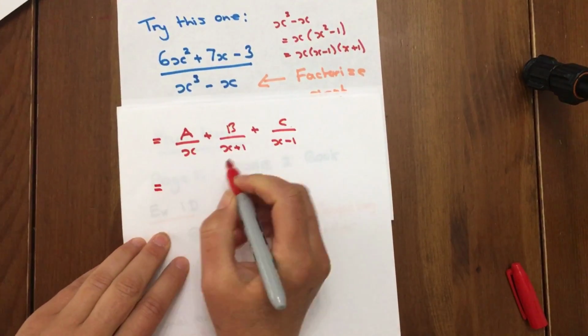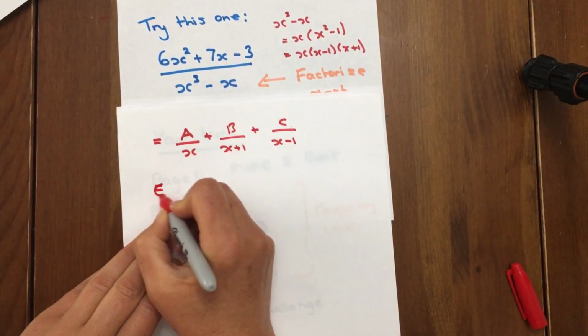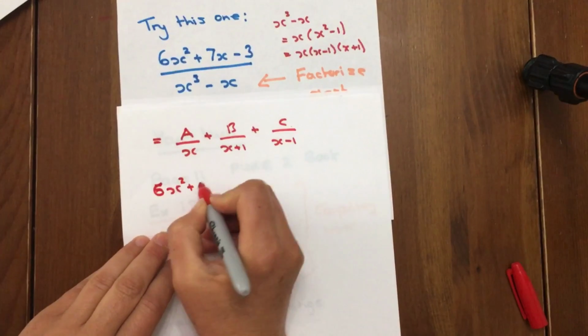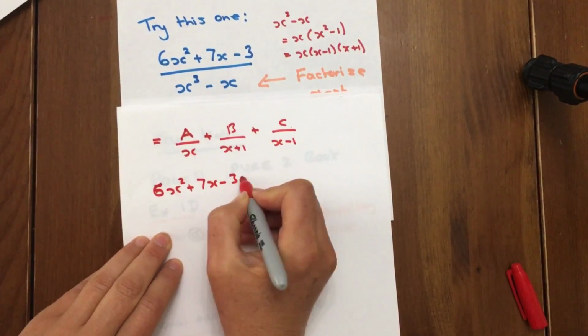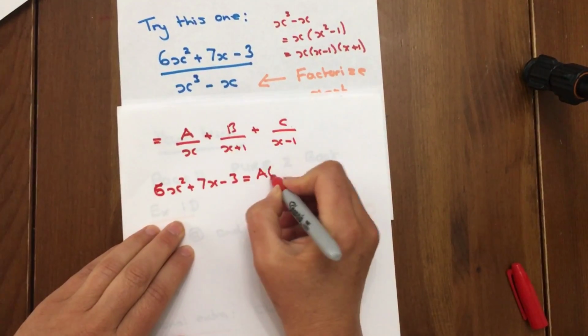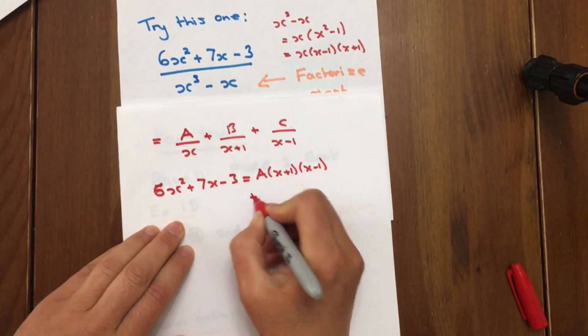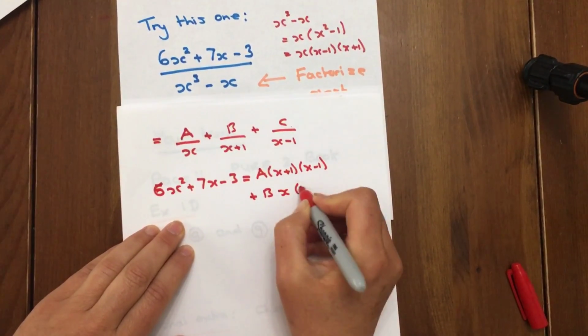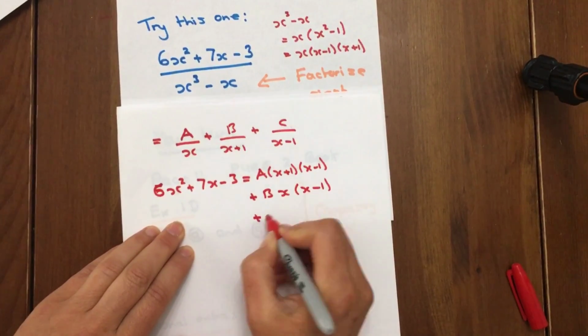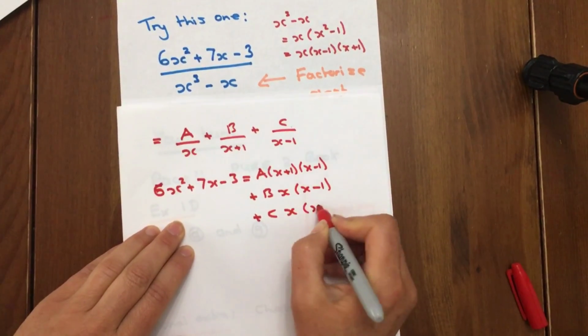Okay, I'm going to do now my steps. I'm going to say 6x squared plus 7x minus 3 equals A lots of x plus 1 times x minus 1 plus B lots of x times x minus 1 plus C lots of x times x plus 1.